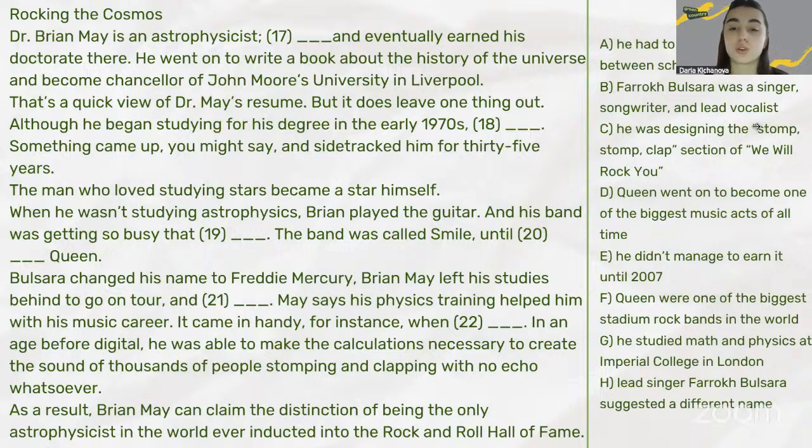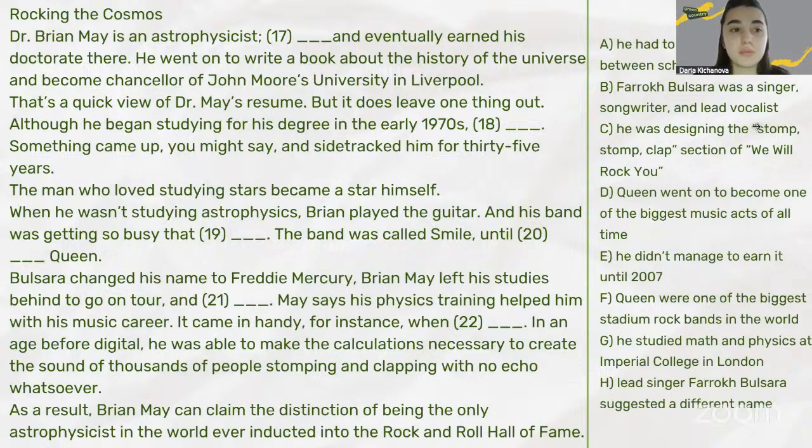You need to take a look at the sentence and complete it with some part of the sentence. So let's start reading it. We will have a text called Rocking the Cosmos. And let's read the first part.